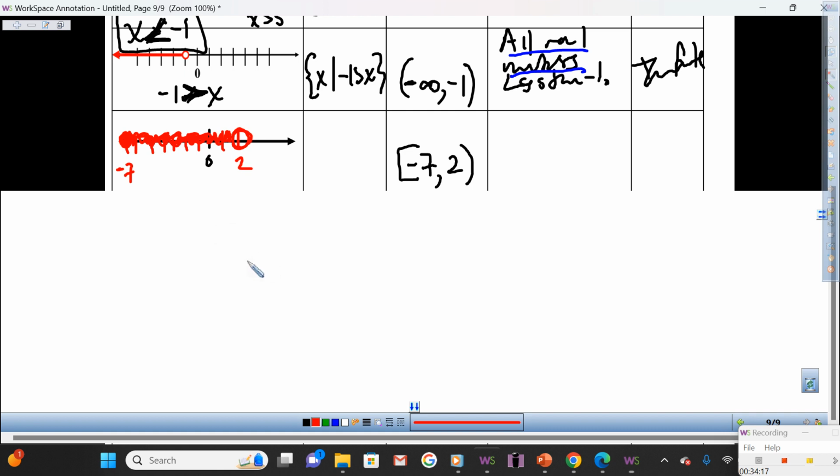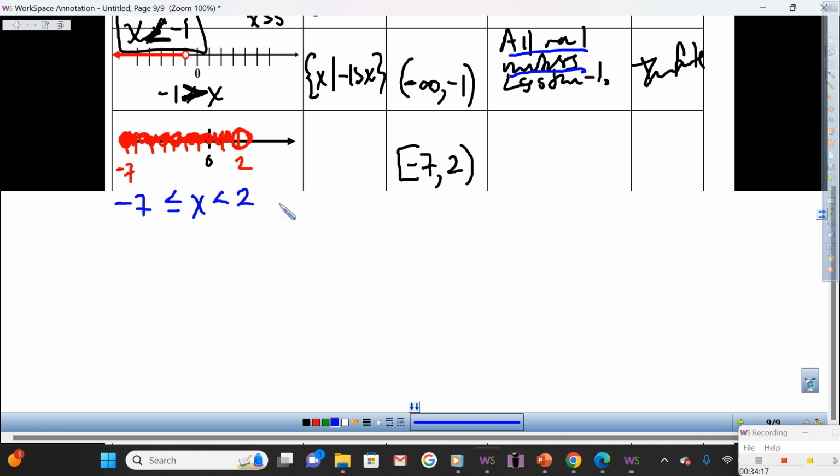All right. I need an inequality for this. Pass it to someone, Danelli. Martin, all right. Negative 7 less than or equal to x less than 2.